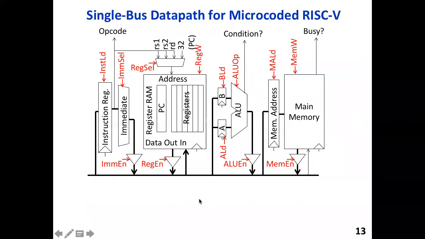So now our finite state machine has a whole bunch of things that it has to control. It's got to control the program counter, the registers on the CPU, the ALU, memory address register, and it has to have an instruction register.